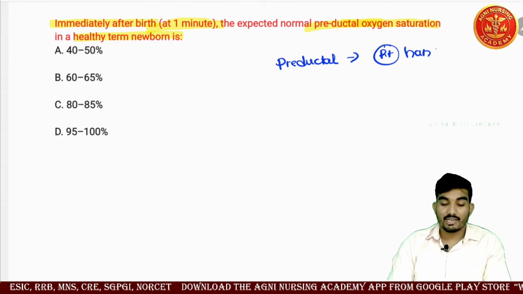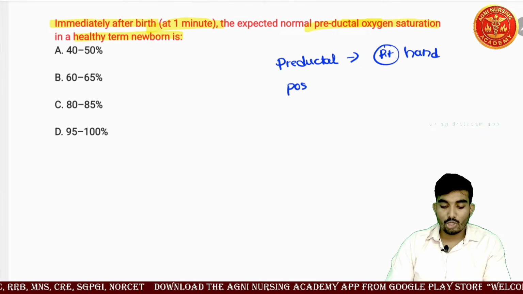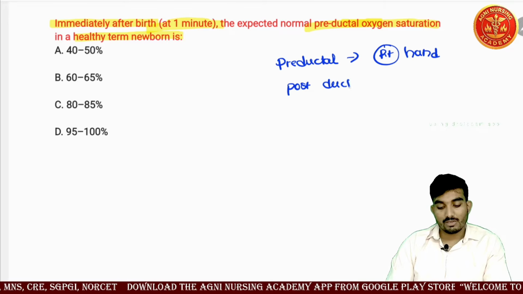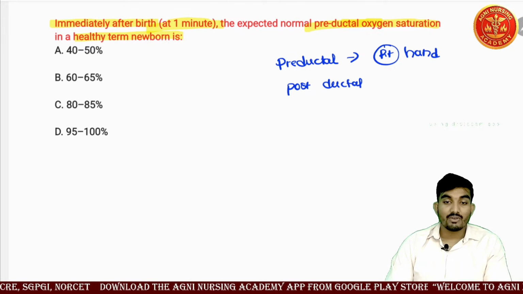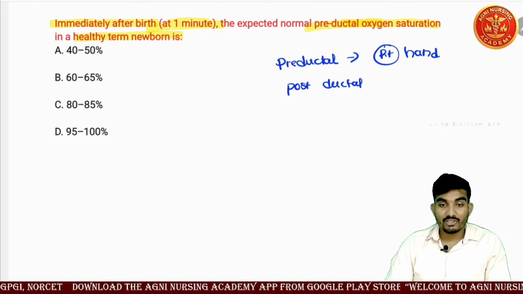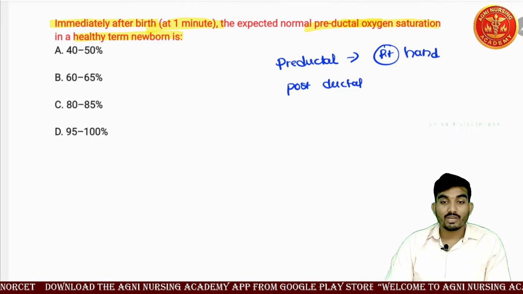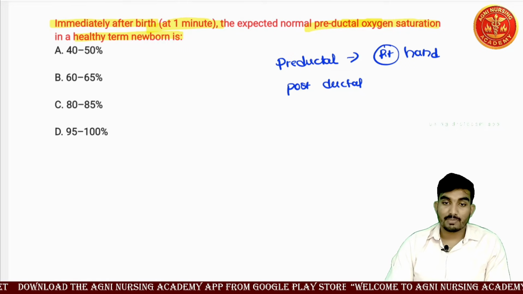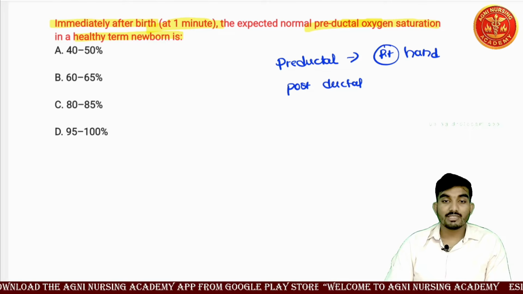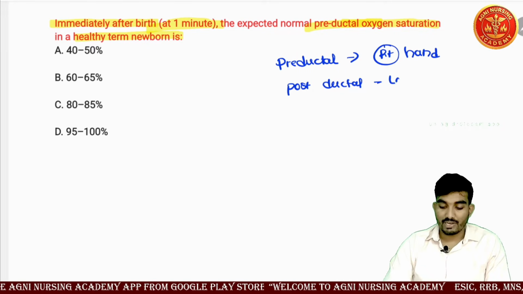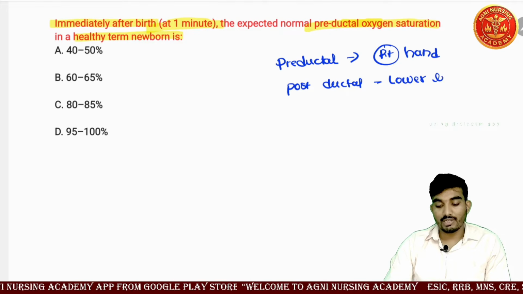Postductal in lower limbs. Postductal means from the descending aorta, which blood flows to the lower part of the body, especially lower limbs. We will assess the postductal saturation in the lower limbs.